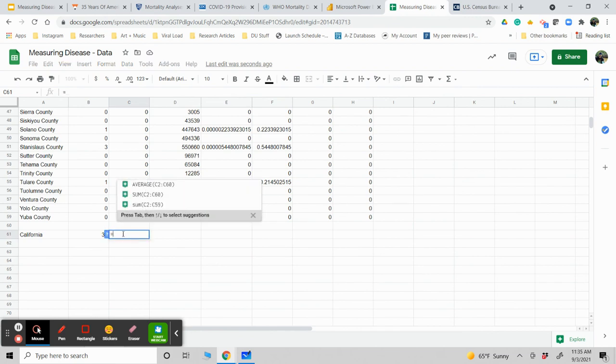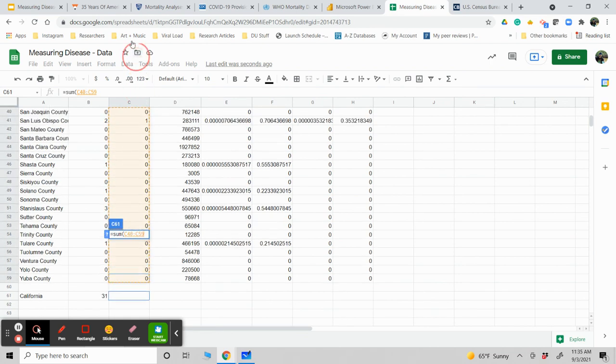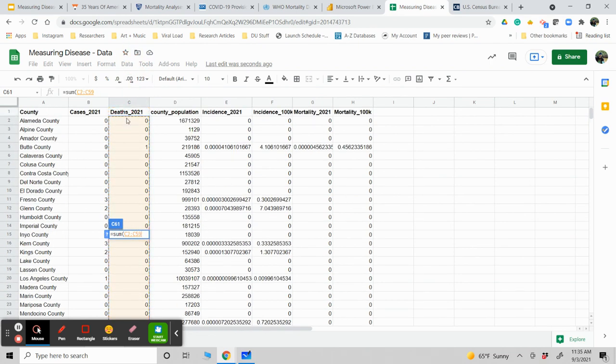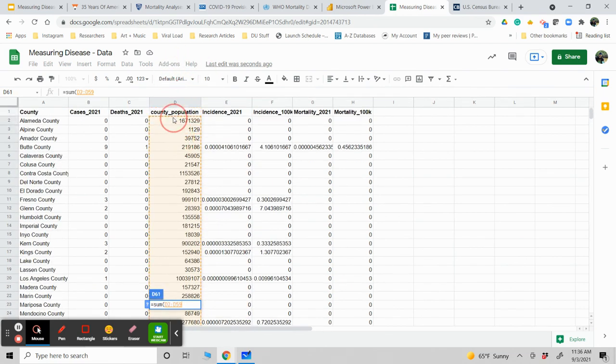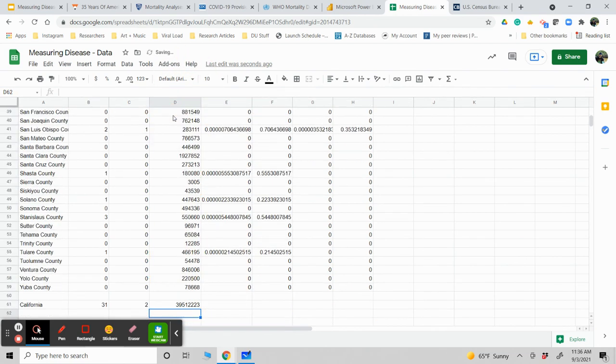I can do the same thing for the number of deaths and the population. And I can calculate the incidence rate and mortality rate for the entire state using the same approach as we've done before.